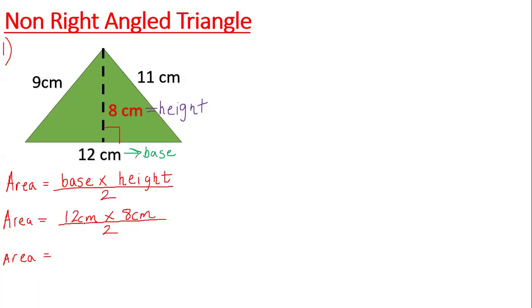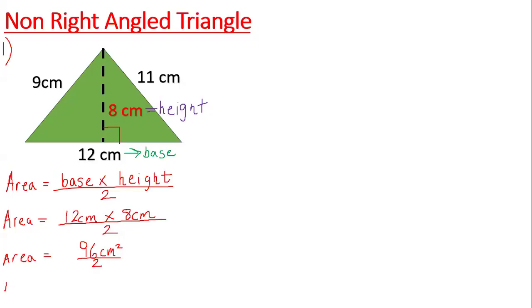Okay, so what is 12 centimeters times 8 centimeters? That's gonna be what? 12 times 8. 96. 96 centimeters. Very good. It's gonna be 96 centimeters squared divided by 2.